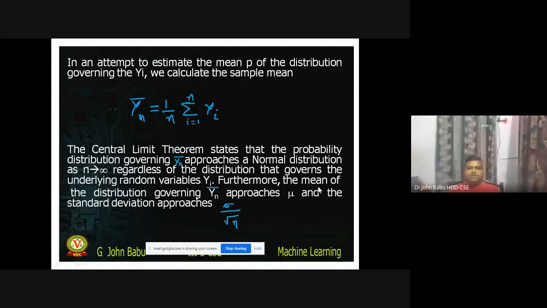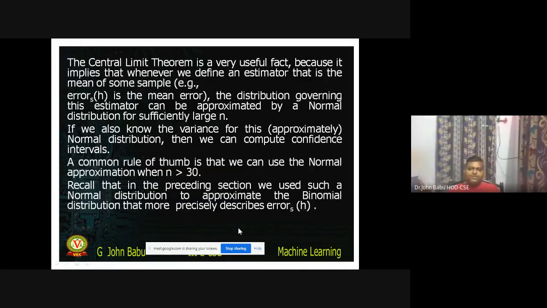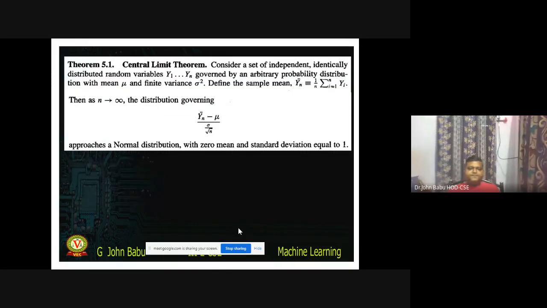When it is normal distribution, we can calculate the mean by a simple formula, sum by number. That is the mean, the average. And we can calculate standard deviation from sigma by square root of n. That's what we have seen already. So this is the formal central limit theorem definition.